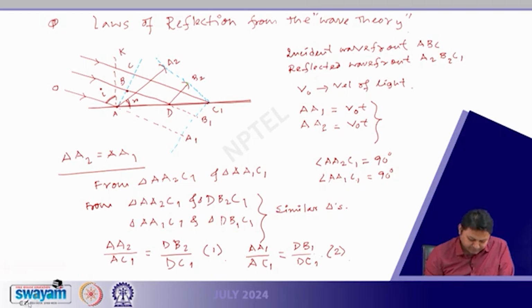This angle I am talking about and this angle, they are 90 degree to each other, and if that is the case, then I can write that A2 A C, which I defined as R, and A1 A C1, this angle is also R. Okay. So, these two angle should be R.